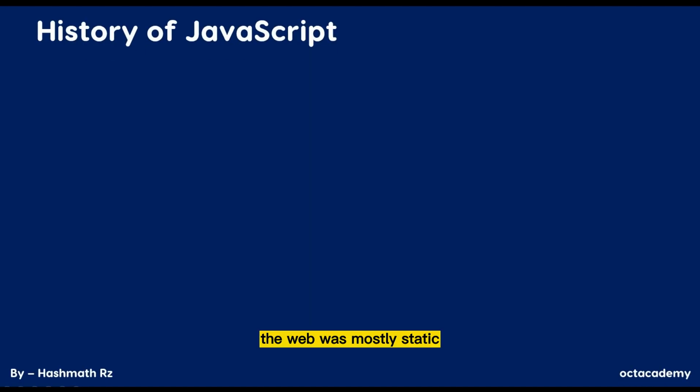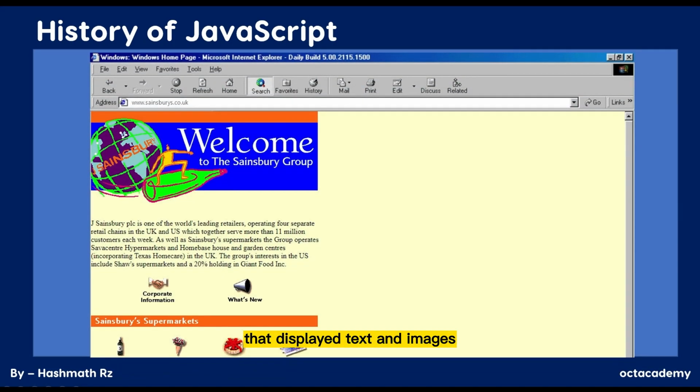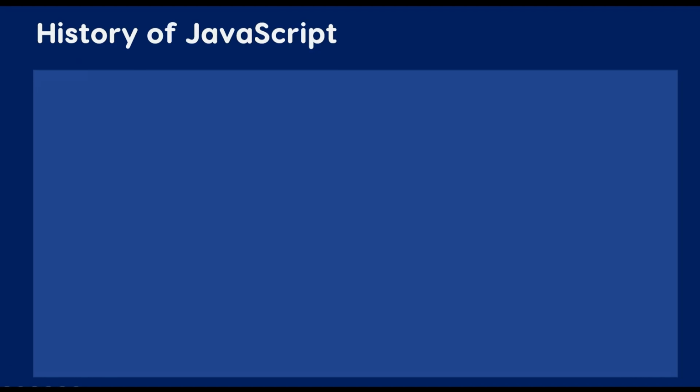At that time, the web was mostly static with simple HTML pages that displayed text and images. At this time, most of the companies used websites just to showcase their company details. However, Netscape wanted to make the web more interactive and dynamic, and they came up with a plan to add a scripting language to their Netscape Navigator browser.